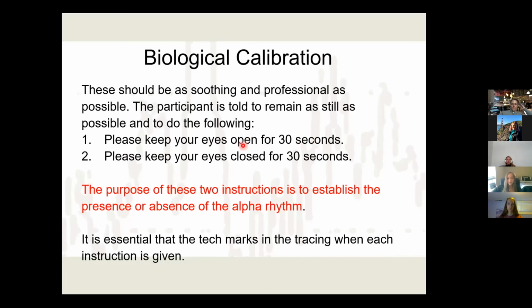And the purpose of these first two BioCals is to establish the presence or absence of alpha rhythm. And so when you close your eyes, you often see alpha rhythm through that O1 electrode, which is pretty cool. We will see an example of that in just a few slides.